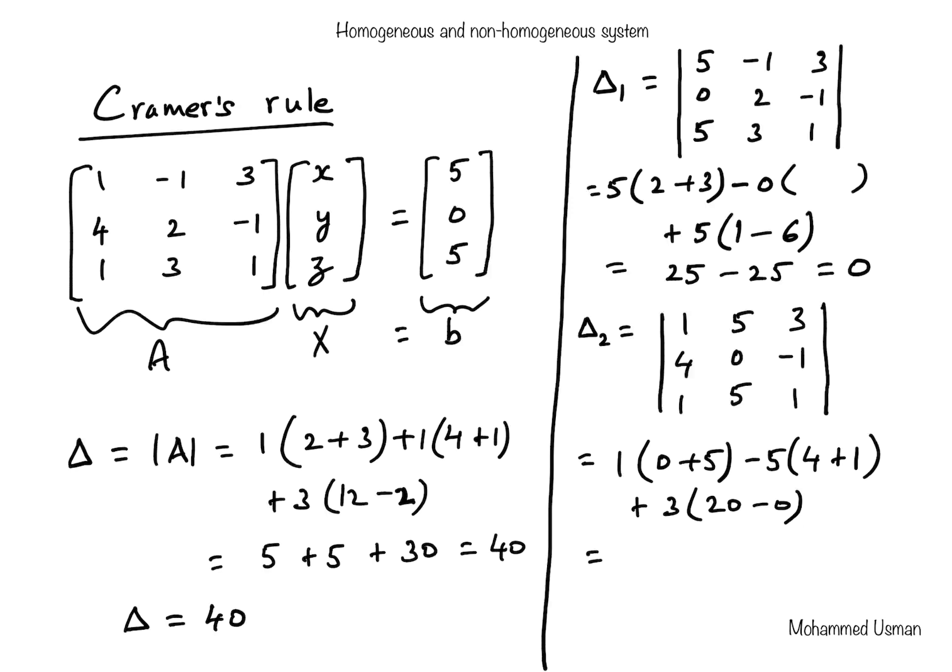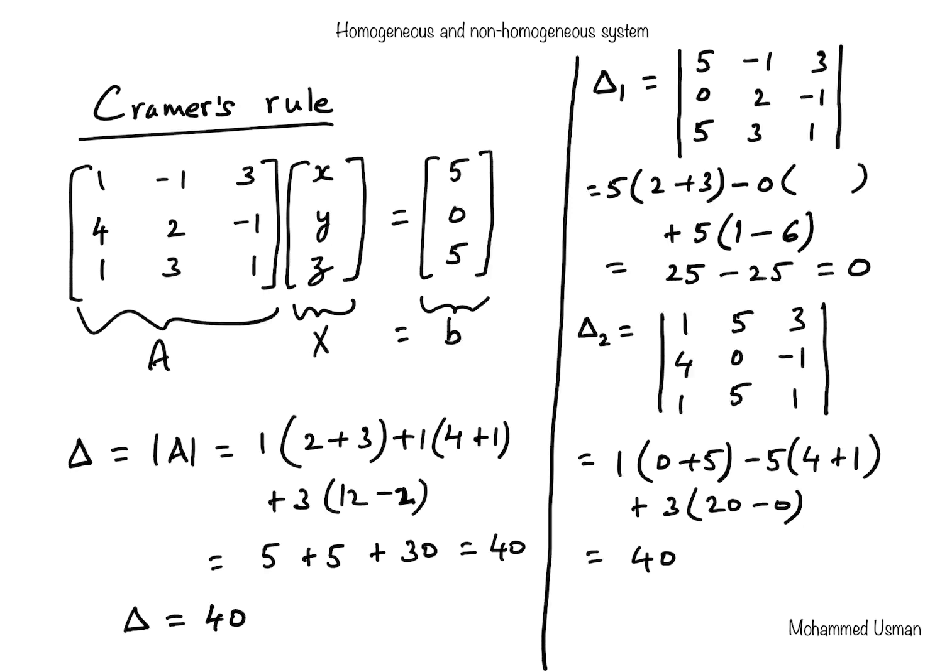So that would give us a determinant value delta 2 to be equal to 40. So that 0 plus 5 is 5. 4 plus 1 is 5 into minus 5 is minus 25. Minus 25 plus 5 is 20. And this is 60. 60 minus 20 is 40. So we get delta 2 to be equal to 40.